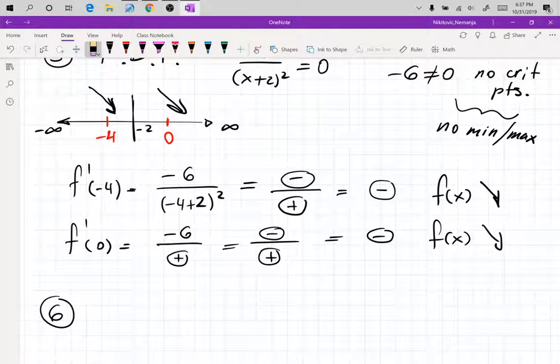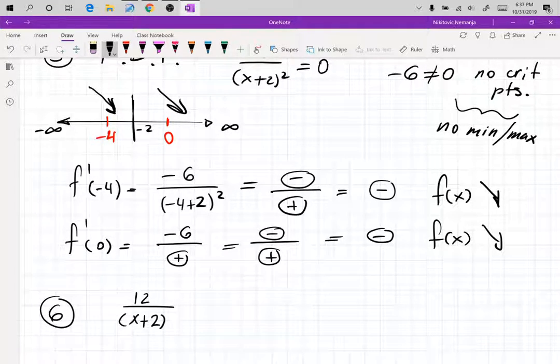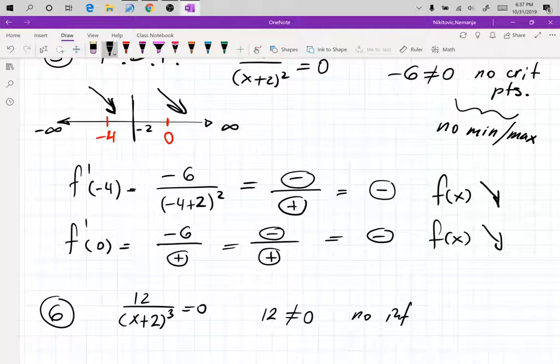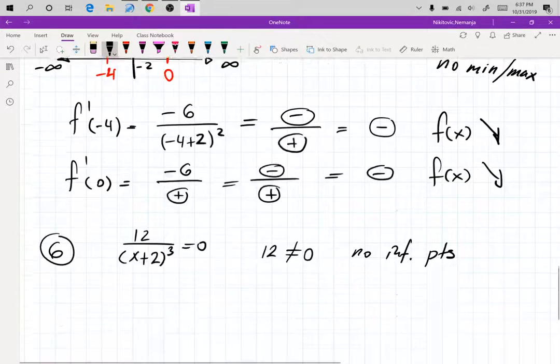All right, so now the next step is to set the second derivative equal to 0. When you cross multiply, you get 12 not equal to 0. No inflection points. So we have no inflection points.